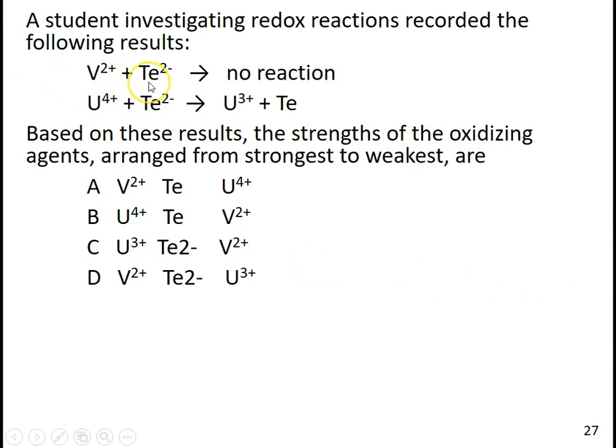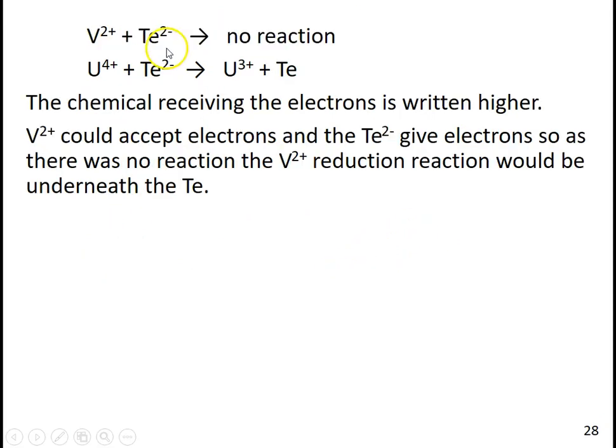We need to put the one that's going to get the electrons right on the top. In this case, it doesn't really tell us much. It's saying that there's no reaction, which basically means that the one that could get the electrons, in this case the V, must be underneath the Te. So there's no reaction here.